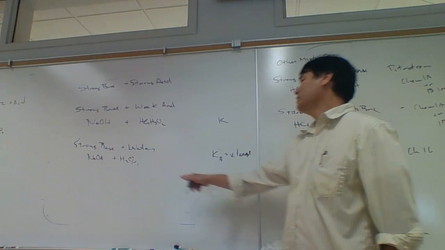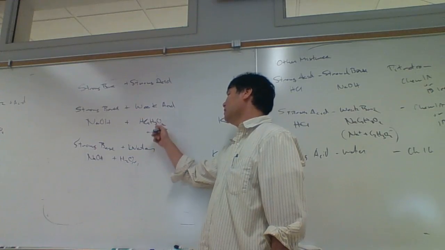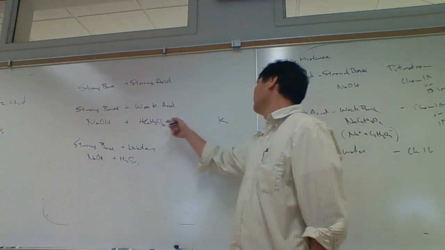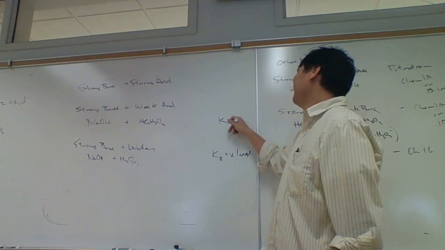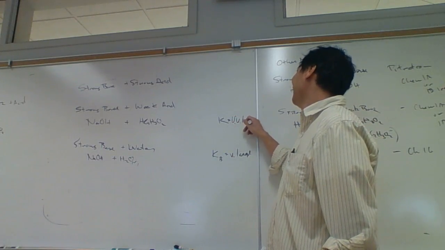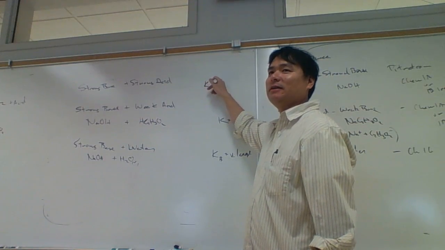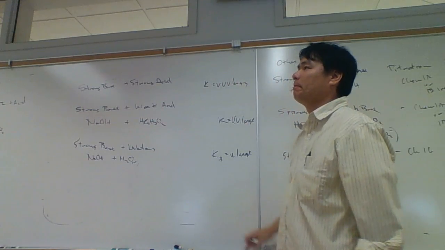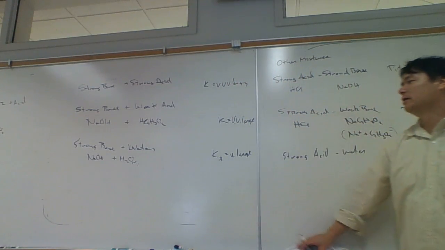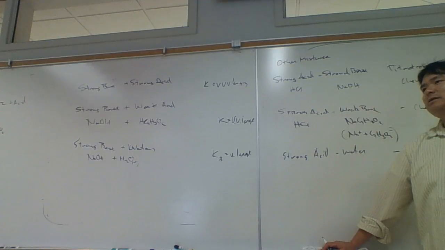And so we have a strong base plus water. Well, water is not a great acid. If we increase the strength of the acid, we increase the driving force. And so this K should be very, very large. Good, catching on there. This K we already know because we just said it. This one's going to be very, very, very large. So it turns out whenever we have a strong base or strong acid, this is the summary.